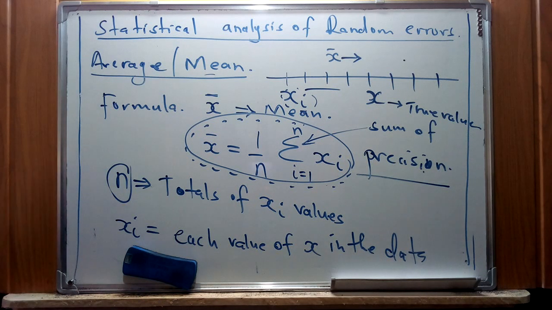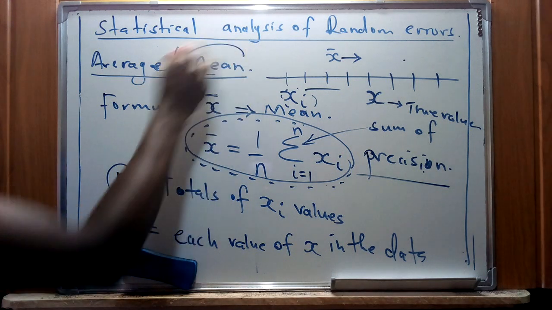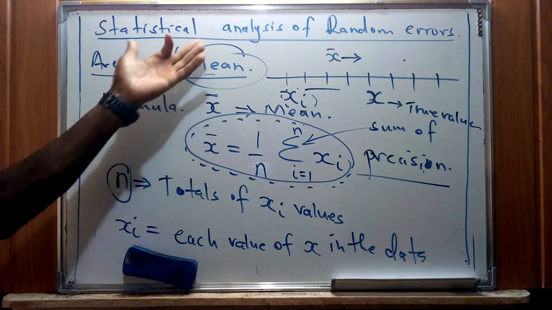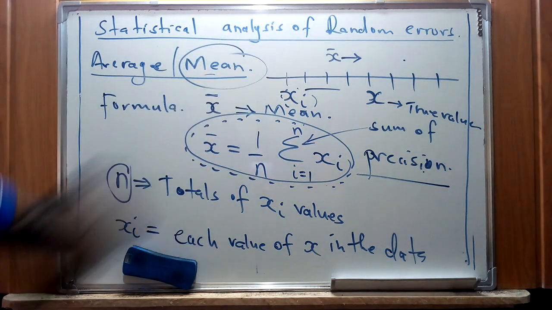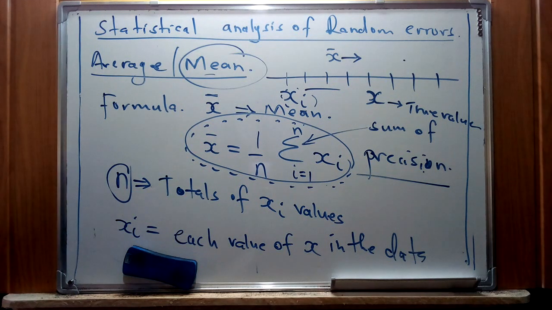Now, there are two specific concepts that I'm going to add apart from this, so that we can see some of the ways in which we can analyze random data, random errors. I'm going to do away with this so that we can have a discussion for that.